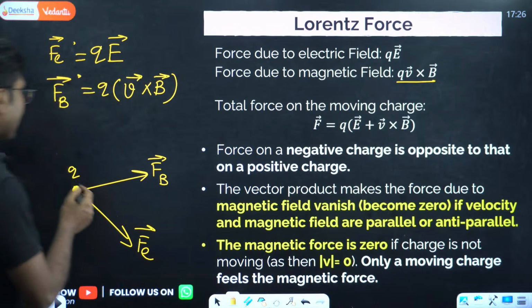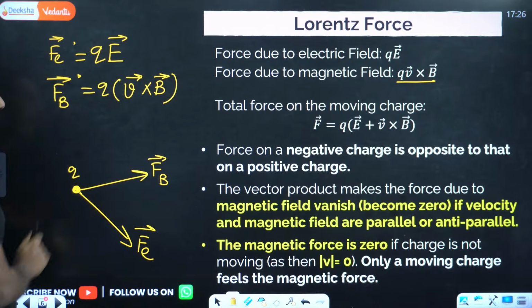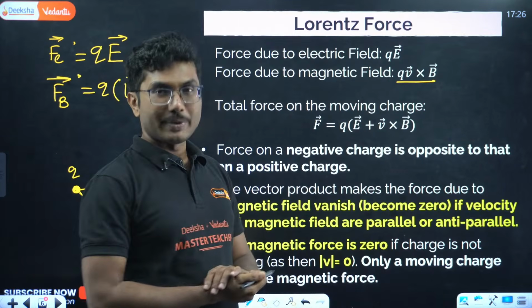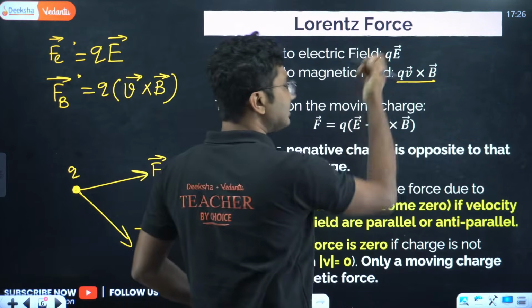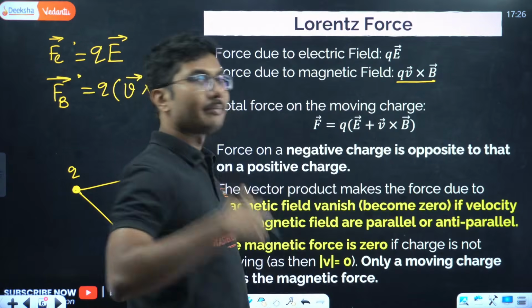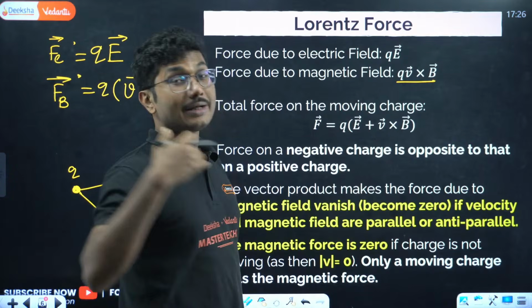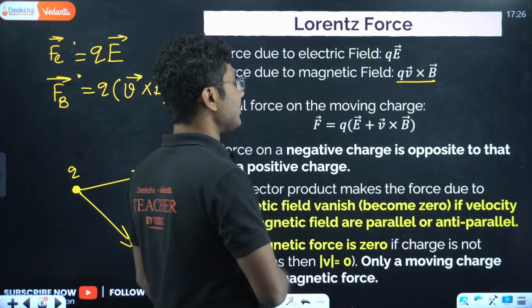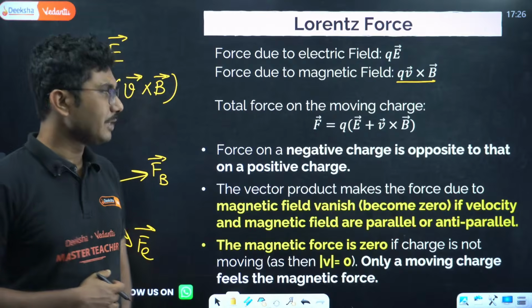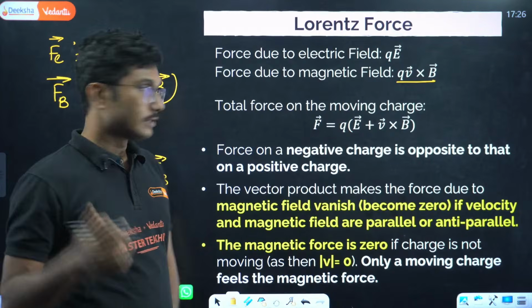Here we have a particle Q, a magnetic field is acting and some electric field is also acting. When you are adding them, it has to be added vectorially. Now Q is charge, it is a scalar, it can be taken common. So the resultant force acting on a charge is given by Q into E plus V cross B. So this is the Lorentz force.